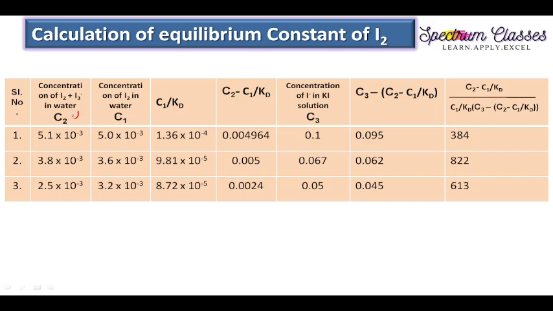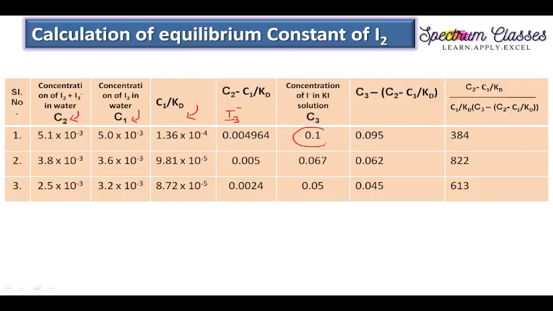So I have taken C2 from the previous slide, C1 from the previous slide, C1 upon KD from the previous slide. Now I'm going to subtract C2 minus C1 upon KD. So this is how we are going to get this I3 minus.